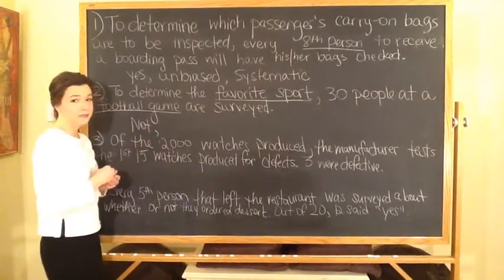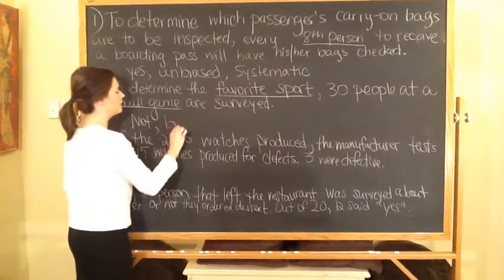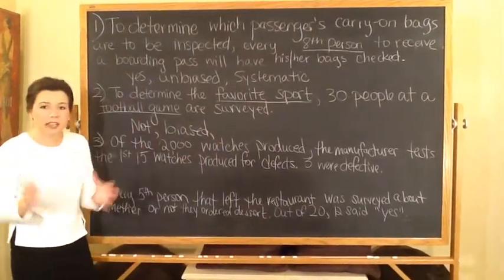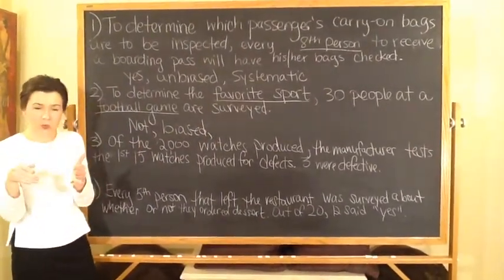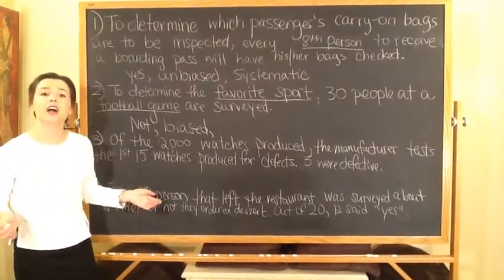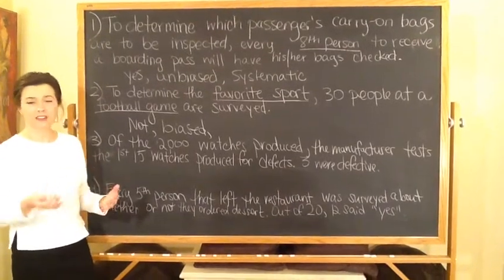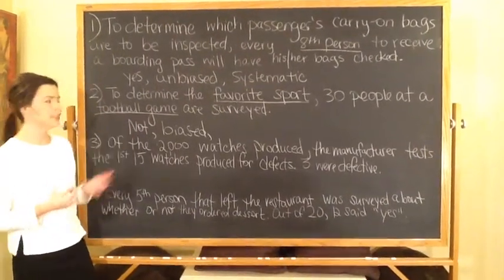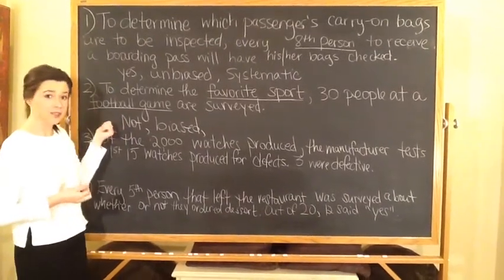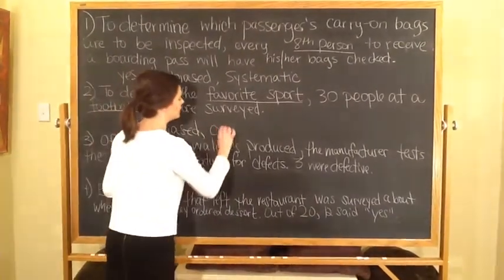It's biased. Since we're all at one game, you're just surveying people in your one little area, I would say it's convenience, because you don't have to go very far. You're already at the game, so you just ask those people what their favorite sport is. This would be if you're doing a project for school and taking the easy way out. So this is convenience.